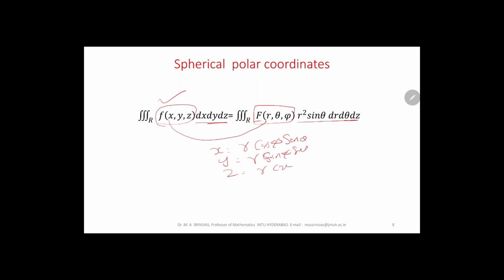As I said for cylindrical polar coordinates, here also, once you convert from Cartesian coordinates to spherical polar coordinates, remember that the region of integration will not change. Both are the same. So the region of integration will not change in polar coordinates in 2 dimensions, in cylindrical polar coordinates in 3 dimensions, or in spherical polar coordinates in 3 dimensions.